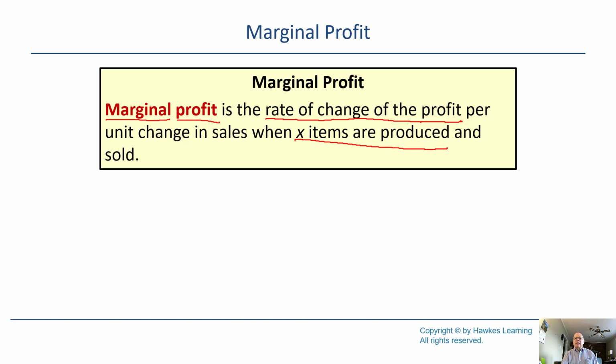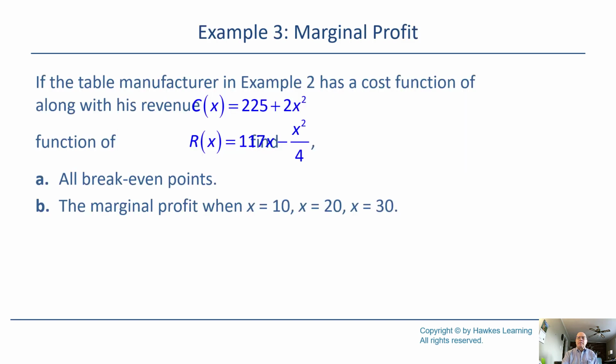In other words, how much more are you making that's going in your wallet at a certain level of production and selling. So here's a pair of cost and revenue functions. It's a little bit messy, but I think you can see that. I'll have to change or fix slide number 12 perhaps on that one.